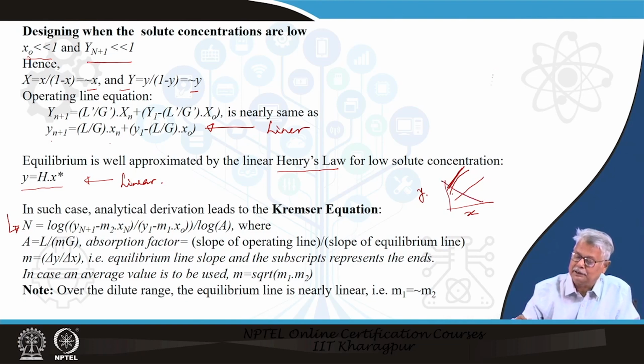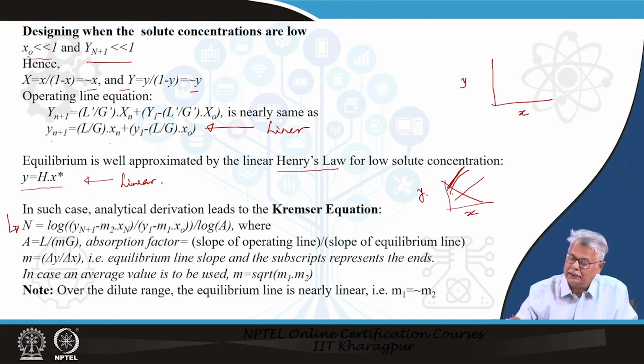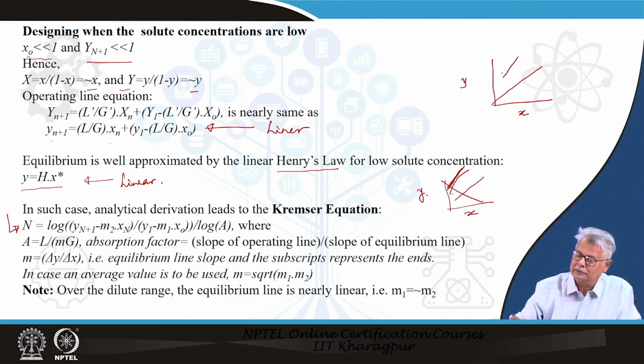I'll put it here in a nicer way. This is x, this is y, and this is your y is equal to hx, which is the equilibrium line, and here what you have is your operating line, which is also, this is your equilibrium line.